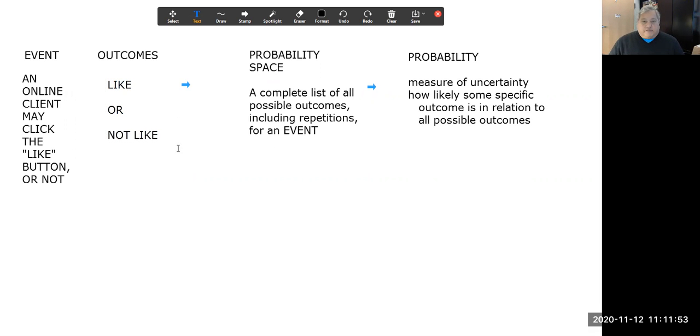Then the probability space is essentially a compendium of all of the responses that we see. When people click on like, we mark a like, and if people don't mark a like, then that person bypassed the opportunity to express strong preferences for an idea, a product, or a service online. So that's an event. And we typically don't study events in that fashion, directly in that particular way or context.